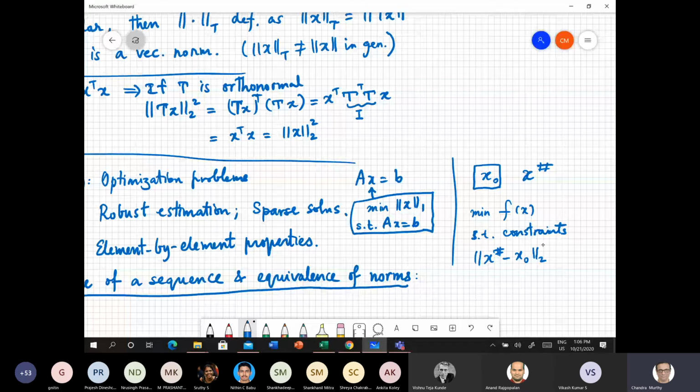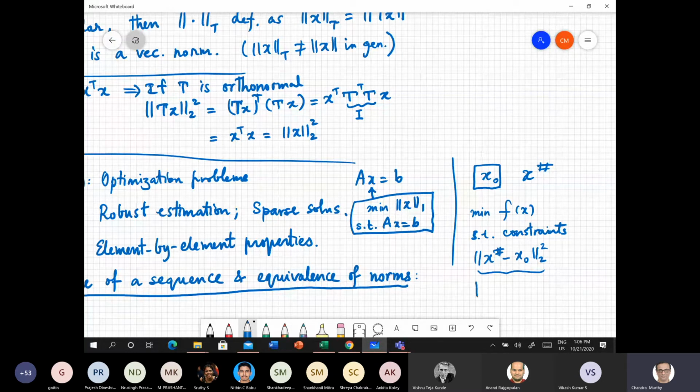So if I consider the square of this Euclidean norm, you can see that if there is one particular pair of entries in x hash and x naught where this difference is very large, because you are squaring it, the Euclidean norm will end up becoming a very big number. So this really penalizes the most mismatched entry the most and penalizes the least mismatched entries less.